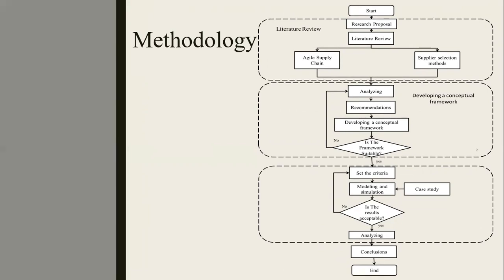The first is the literature review, which has two main points: agile supply chain and supplier selection methods, that is, different from data envelopment analysis. Stage number two, sorry, is developing a conceptual framework. And finally, modeling and simulation, the real case study.